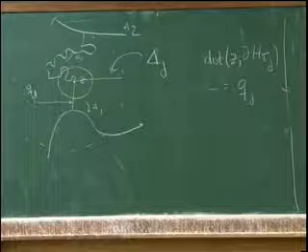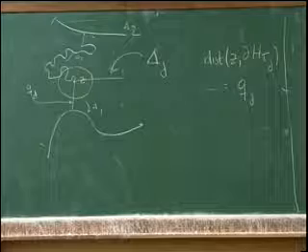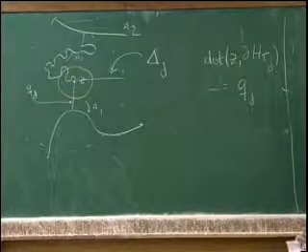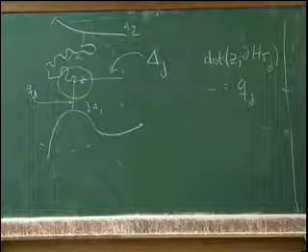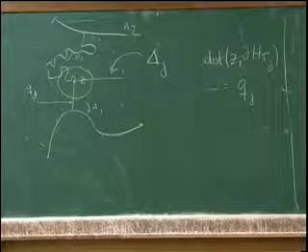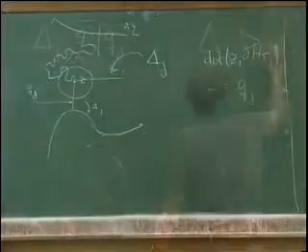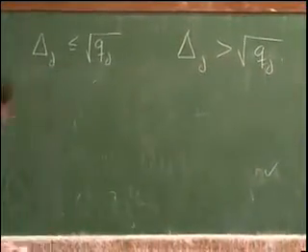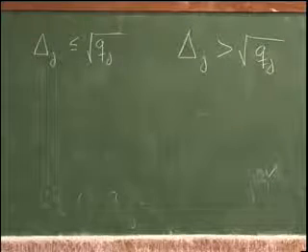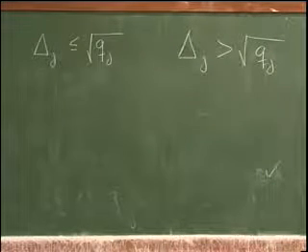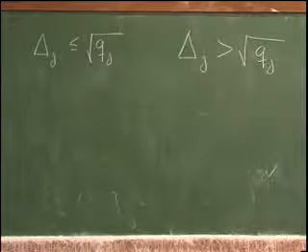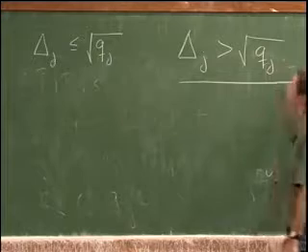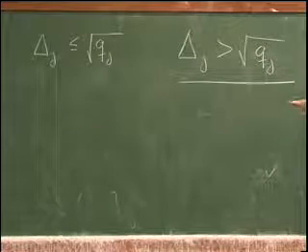And now I split into two cases. So delta J is either less than or equal to square root Qj, or bigger than. So square root Qj, of course, is much bigger than Qj. These are small numbers.